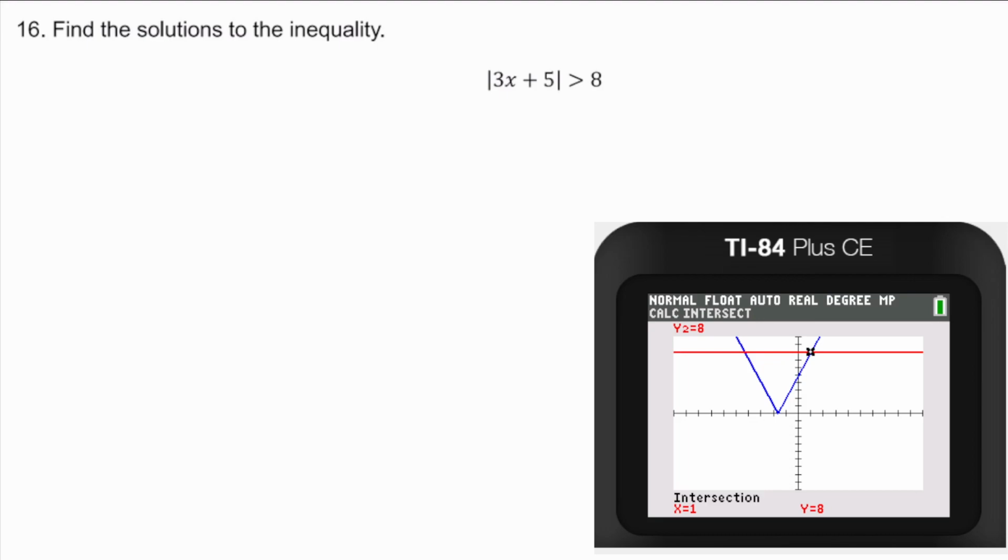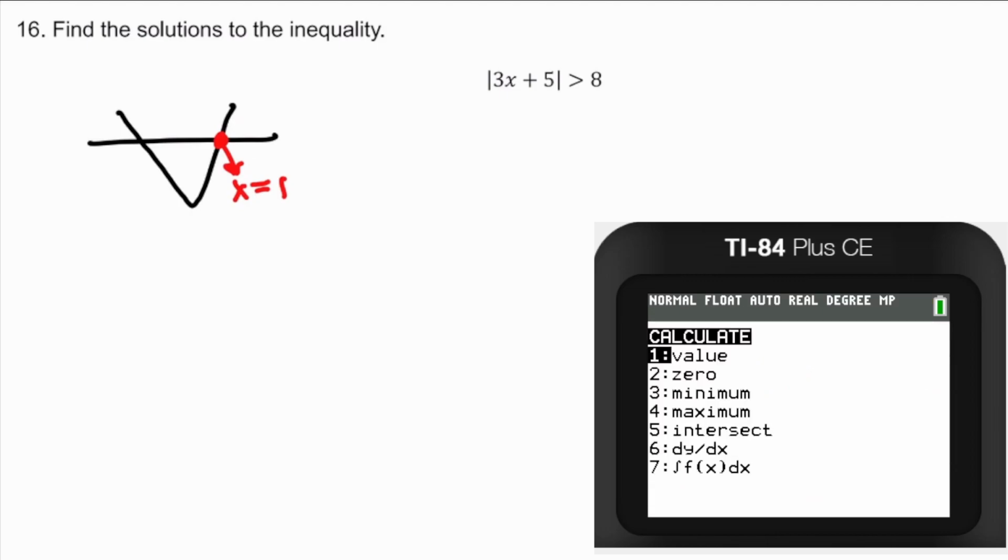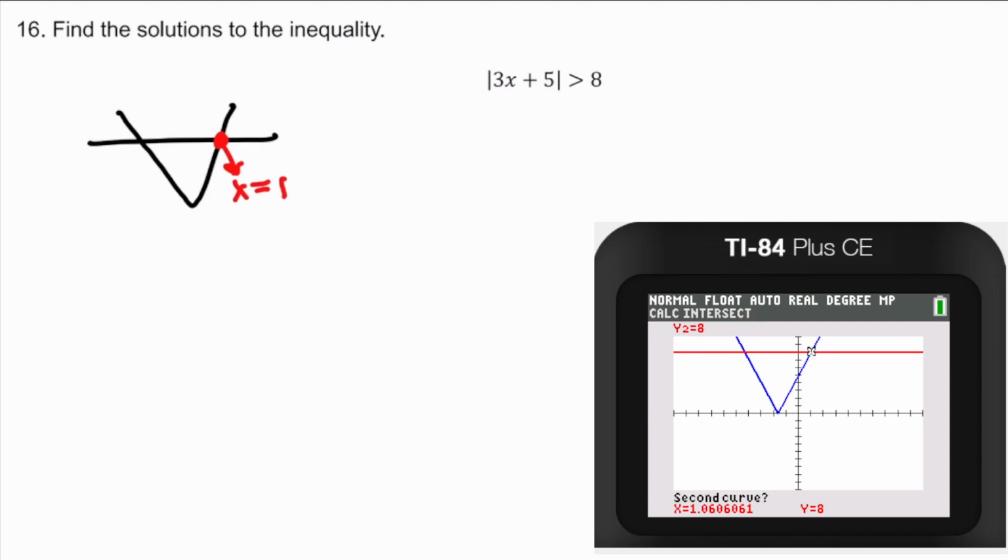Maybe I'll actually kind of draw this. And then the other intersection, I'm assuming it's going to be an integer, but blue curve, red curve, looks like it's around negative 5. That's negative 4 1/3.